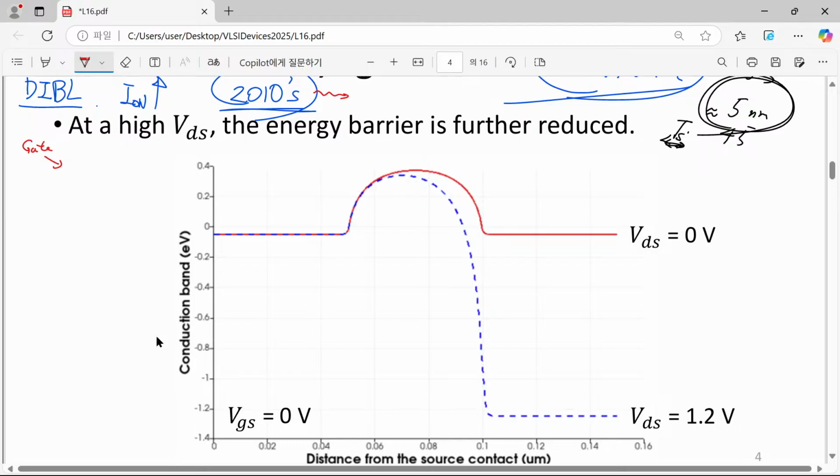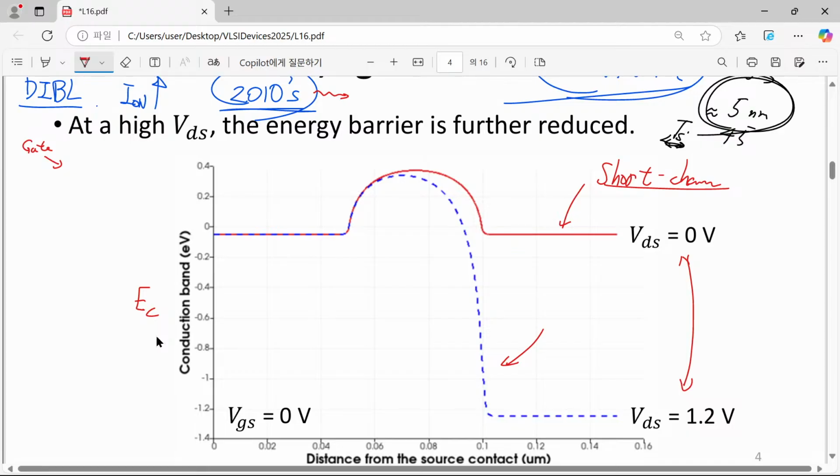This graph just shows the conduction band energy, and both this guy and that guy are corresponding to a short channel device. They have the same length scale. So it is nothing related with even further length scaling, only the bias voltage value has changed.